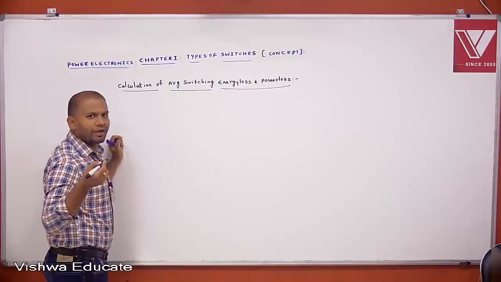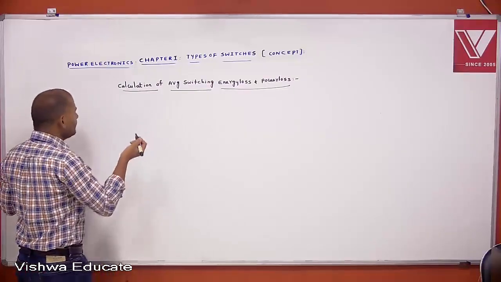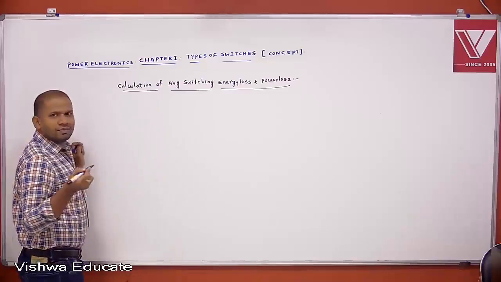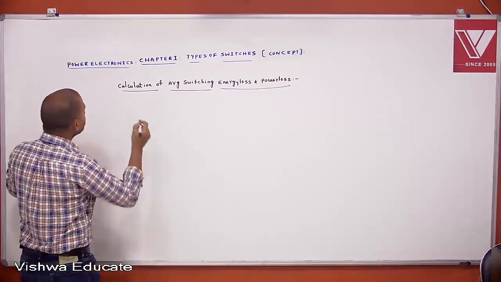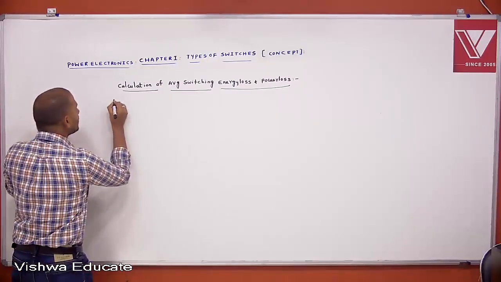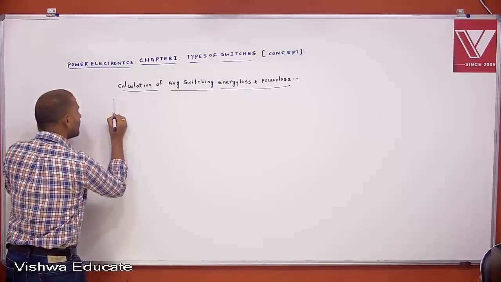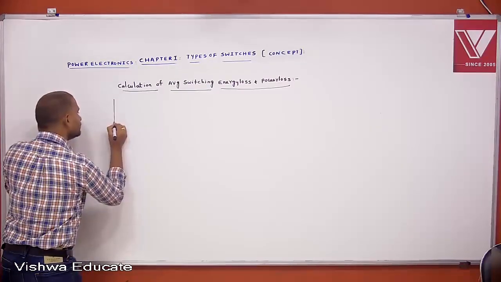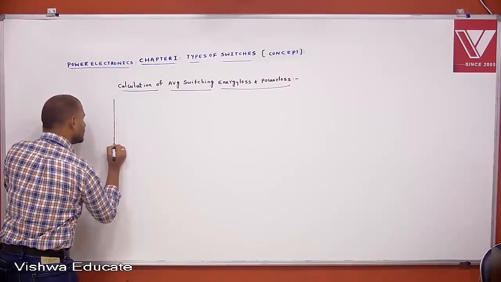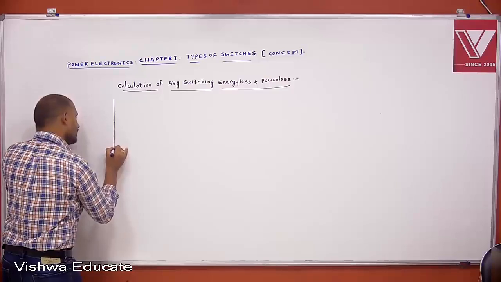Here I have taken one example. These characteristics I already gave in the practical switch explanation. Let us consider the characteristics for a particular switch. The general switch characteristics I am giving.